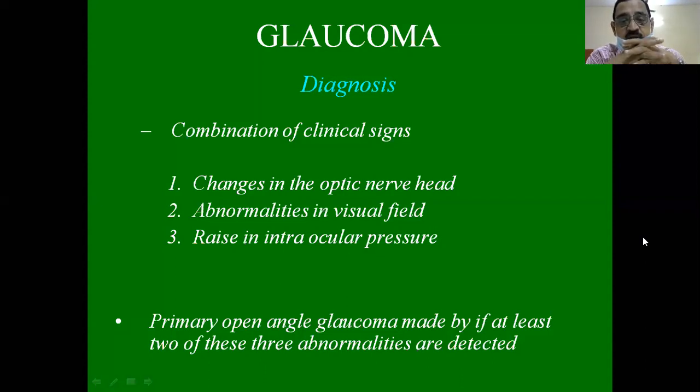The commonest presentation is that the child is brought to the ophthalmologist by the parents with the complaint that the child is not able to see the light and buries his head underneath the pillow, and there will be lacrimation and hazy corneas.